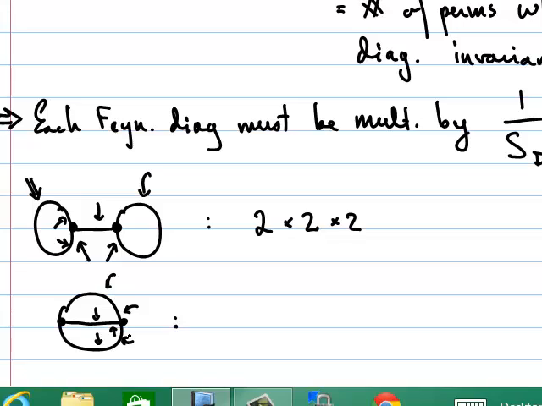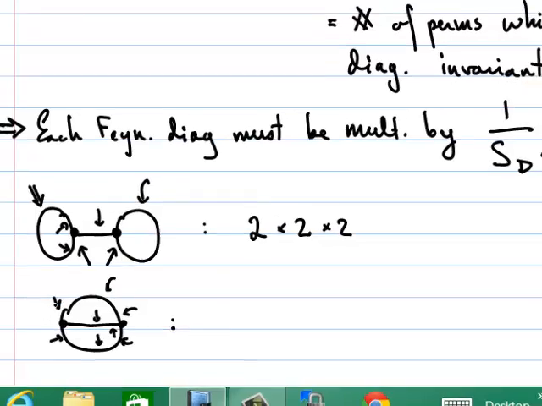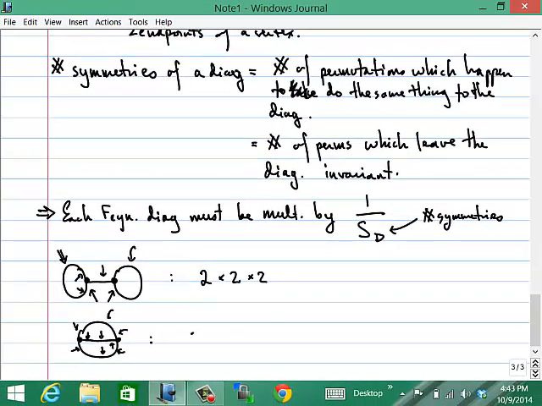You have to do one rearrangement there and then the same rearrangement over there. So there's going to be a factor of 6 that comes from there. And then there's a symmetry that arises because you could interchange this vertex with that vertex. So that'll give you a 2. So you have 12 different symmetries of this diagram.